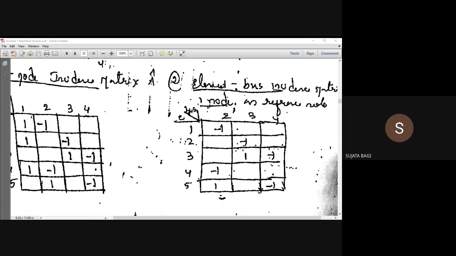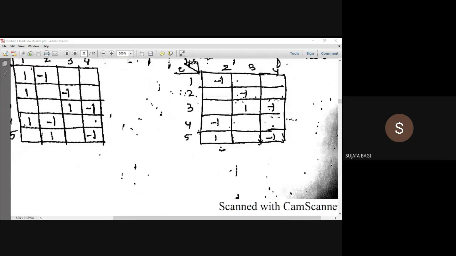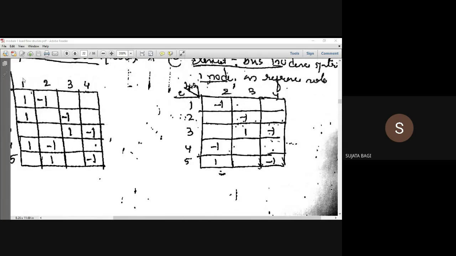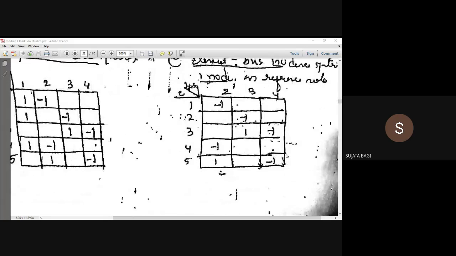So first, the reference 1, this full column you have to delete. Now only 3 columns are left out. So this is nothing but the element to bus incidence matrix.